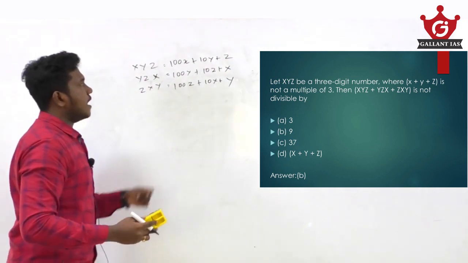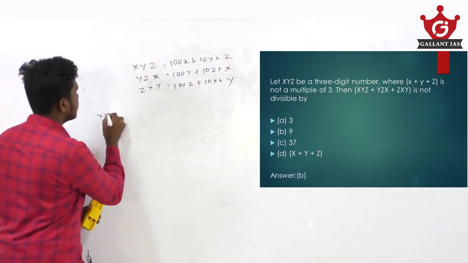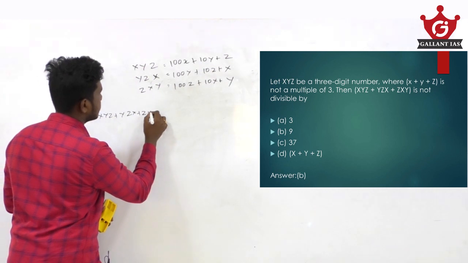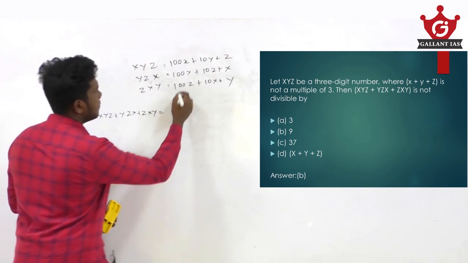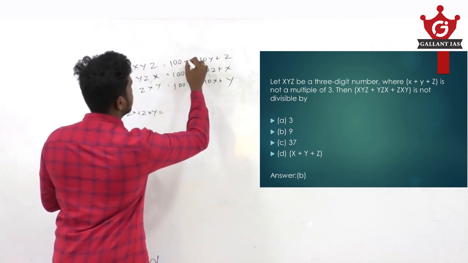Now our next aim is to add all those terms: xyz plus yzx plus zxy. Just add these values.